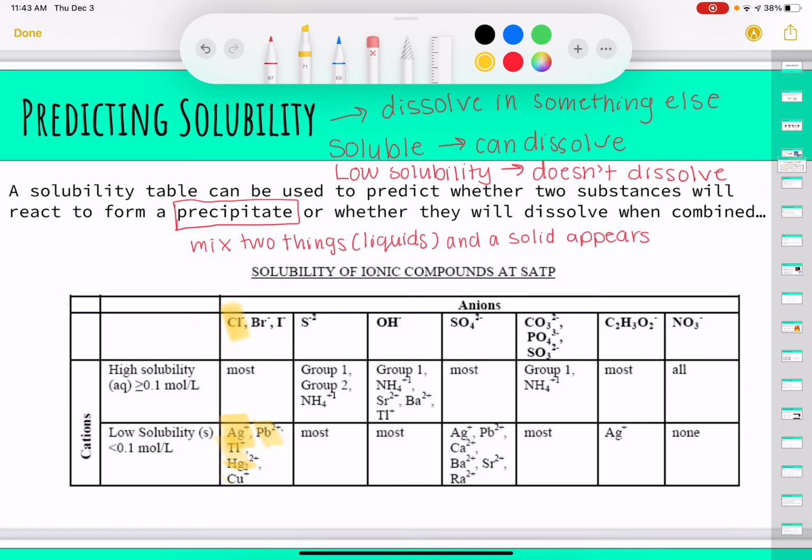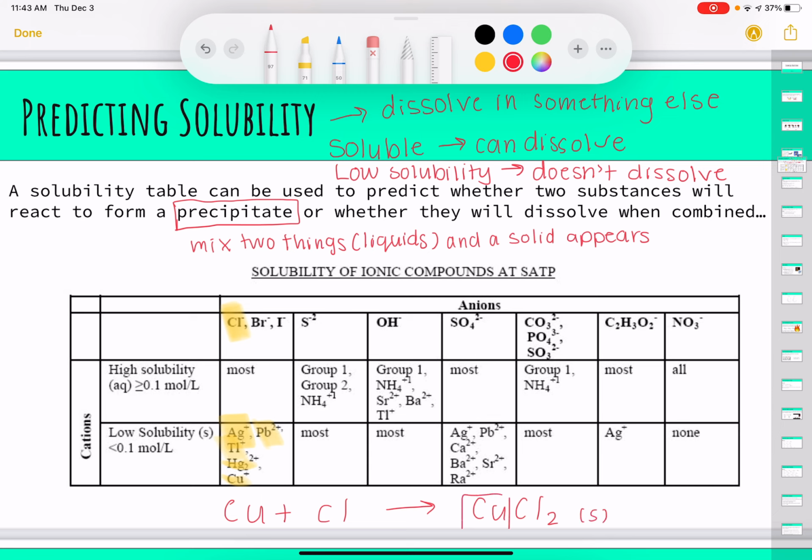We've got mercury and we've got copper. So if I had a reaction where I mixed copper with chloride, that would create copper chloride. And we know, hopefully you know, that copper chloride, something that has copper, is going to be a solid.